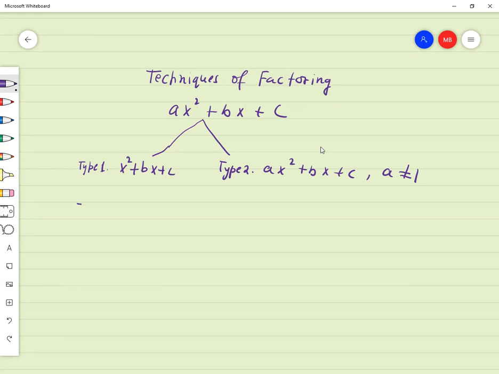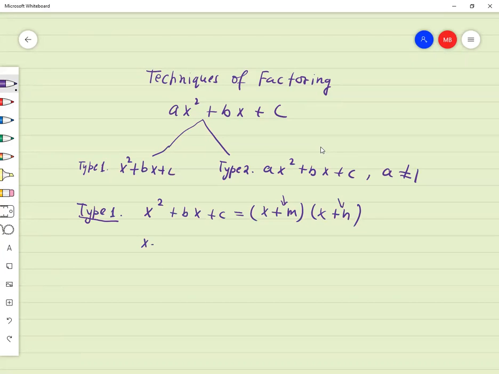Okay, so type 1. We have x squared plus bx plus c, and let's assume that this factors into two binomials, x plus m times x plus n. So we are looking for these two numbers, m and n. Let's do it backward.